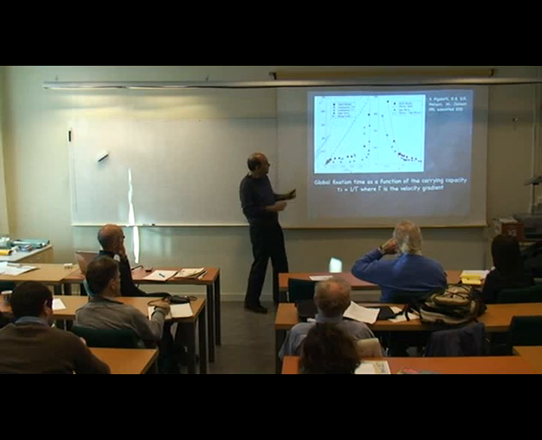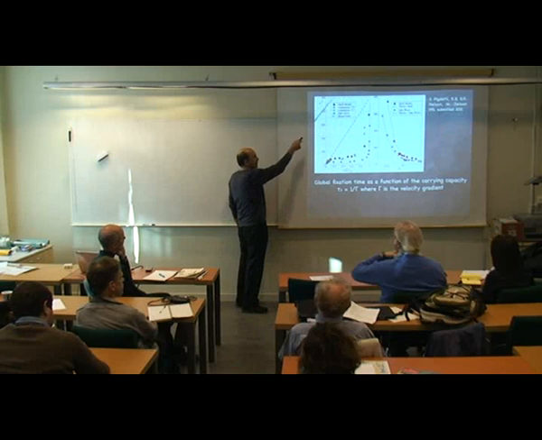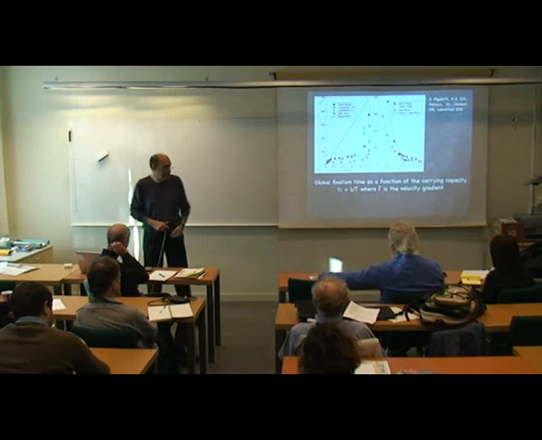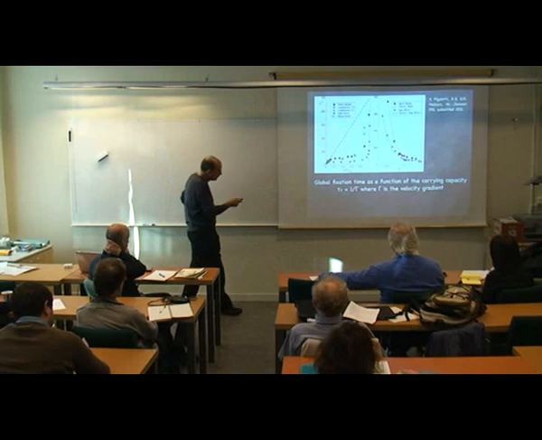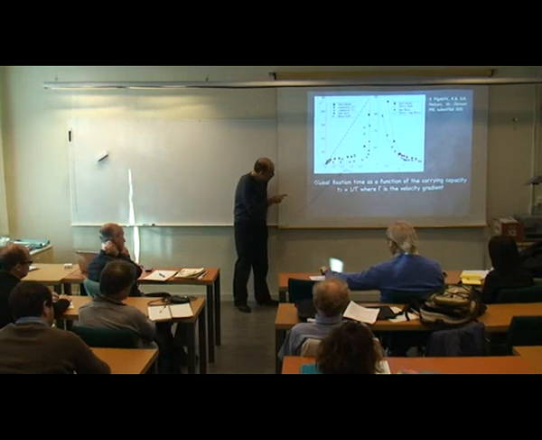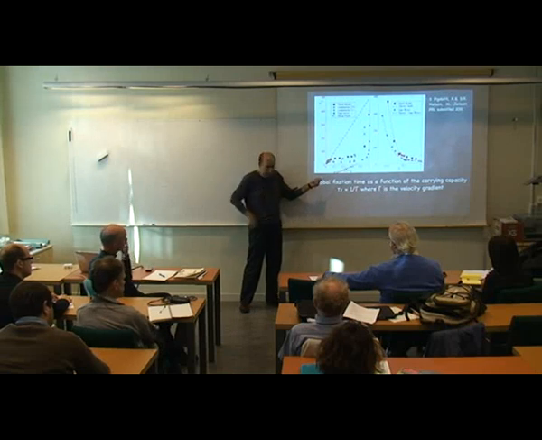The global fixation time that you have without flow is off the blackboard. It's about 20 times bigger. And this is what you get if you look at the global fixation time as a function of the carrying capacity. You remember that I pointed out before that even with very small compressibility, the carrying capacity can be reduced by a factor of 20%, so here.